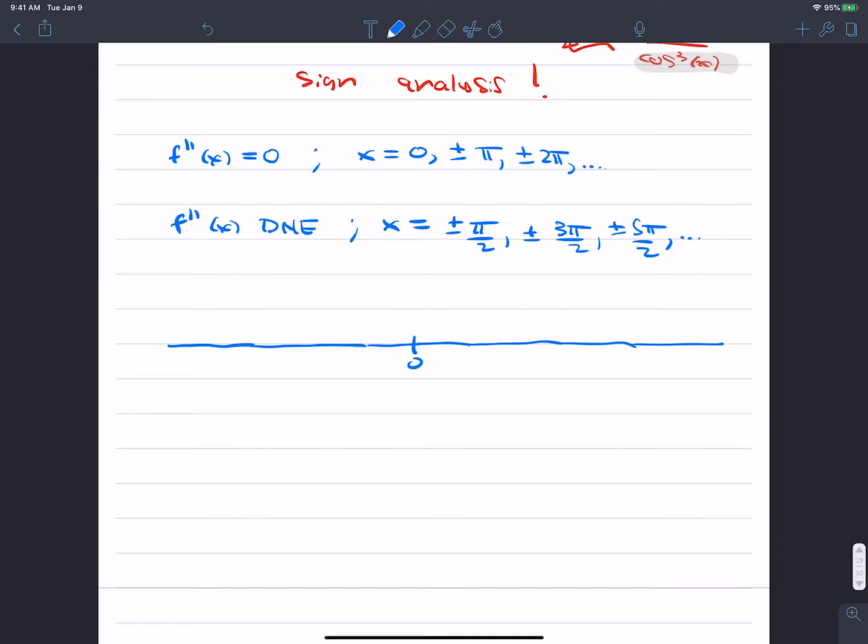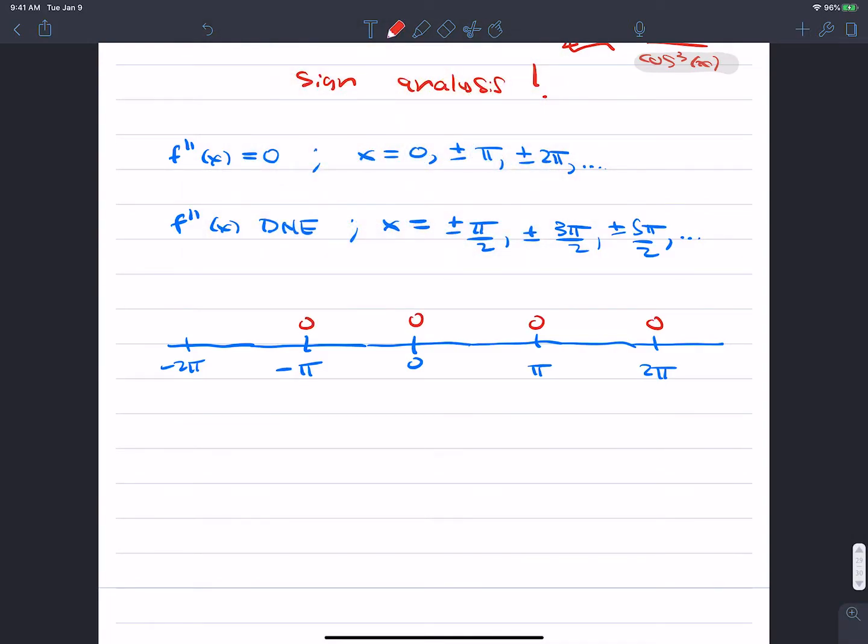You got 0, you got pi, you got 2 pi, and maybe I have to spread that out a little bit just in case. Minus pi, minus 2 pi, and this is where that second derivative will be 0.